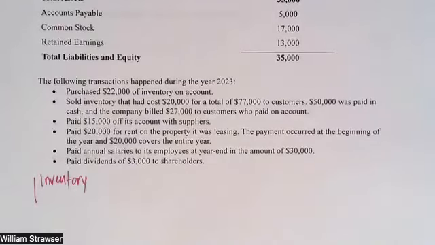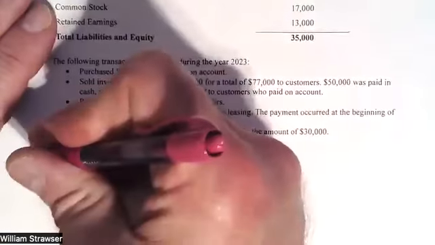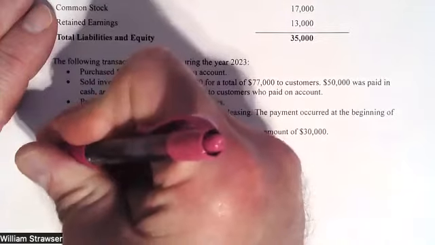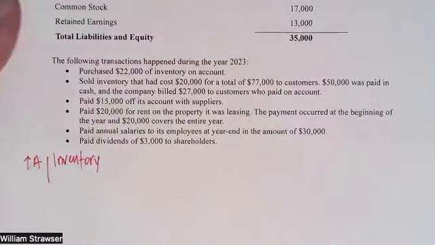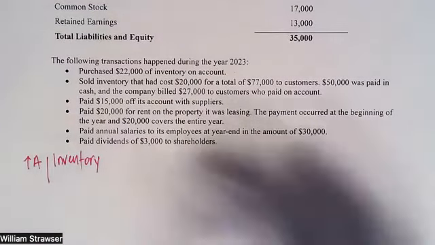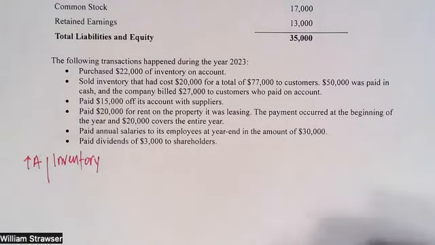It's something I intend on selling. It's an economic resource. And inventory is an asset account. How do I increase assets? I debit them. So I'm going real basic here. Later in the semester, I'll just slap a debit up and assume everyone understands, oh, that's an asset. I got it, so I need to debit it.